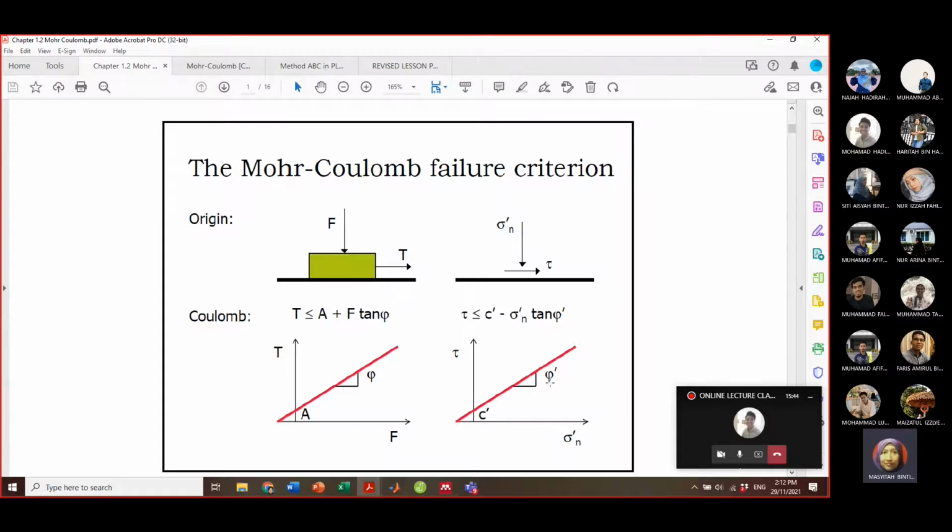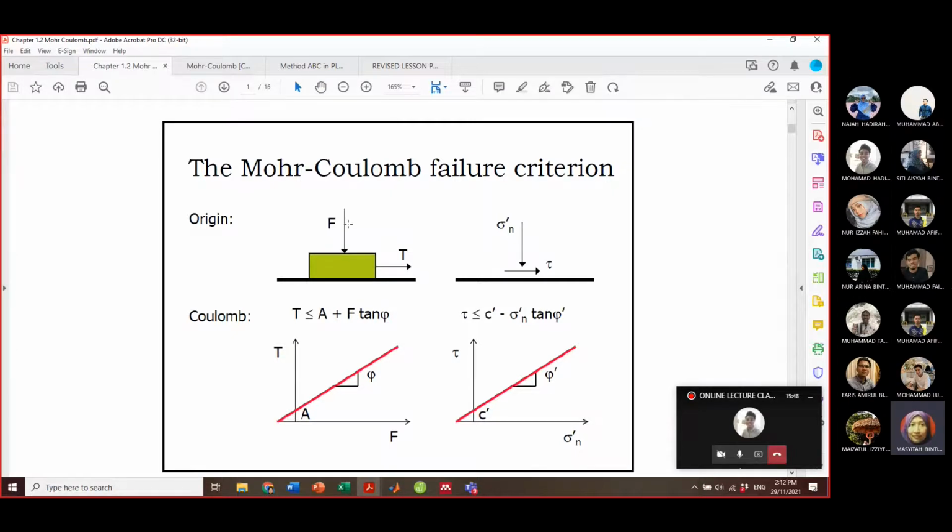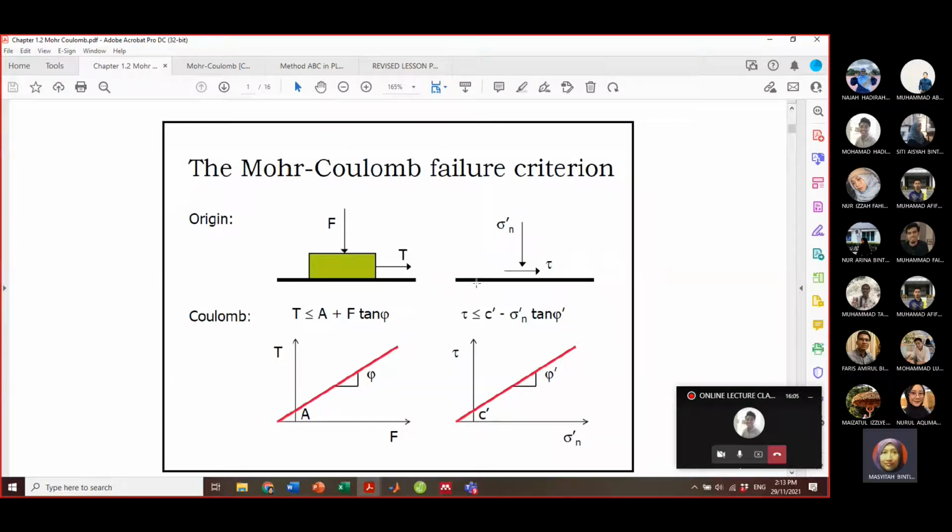So let's say by looking at one example here, you are subjected to a normal force F, and then you are applying a shear force T. And by converting into stress symbols, you may have an effective normal stress acting perpendicular to the plane, and you may also have the shear stress acting parallel to the plane.